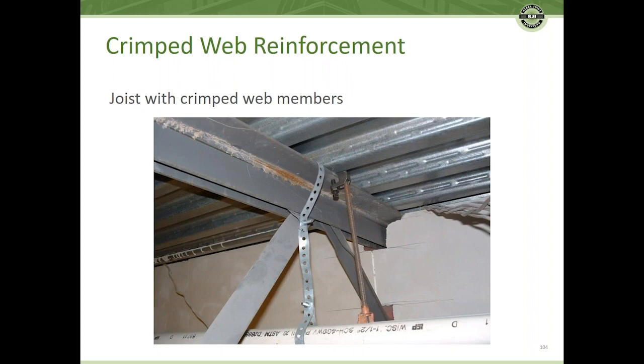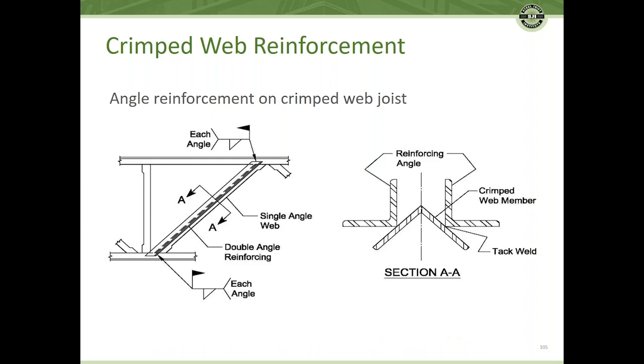Here's a situation where we've got some crimp members, and we've got some things going on there, so we've kind of got to be aware of that. When we've got crimp members, there's a couple good ways to do that. Again, putting those additional webs on the outside of the chords, but we want to snug those up as close to the crimp member as we can.